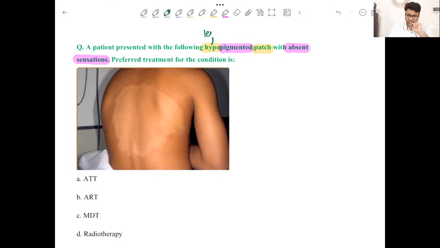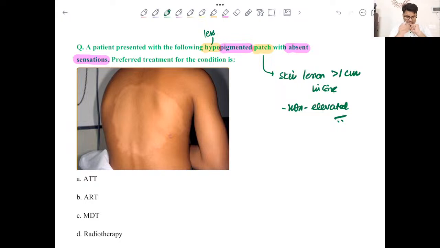Hypo means less, pigmented patch. Patch means skin lesion more than 1 centimeter in size, non-elevated. Okay.